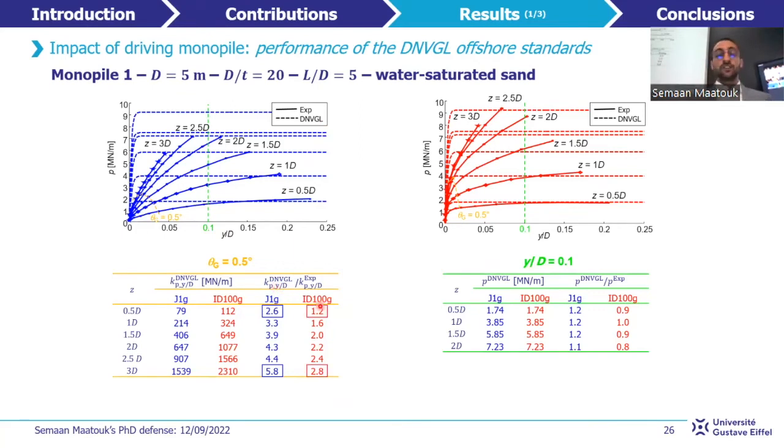However, for the ID100G test, the DNVGL values are 1.2 to 2.8 times greater. Therefore, I can conclude that the experimental results remain softer than those obtained by the DNVGL standards. However, with impact driving of the monopile, the experimental results are much closer. And for high displacement amplitudes, the experimental lateral resistance values are almost similar to those obtained by the standard.